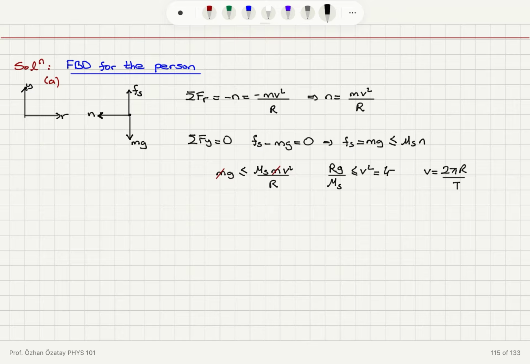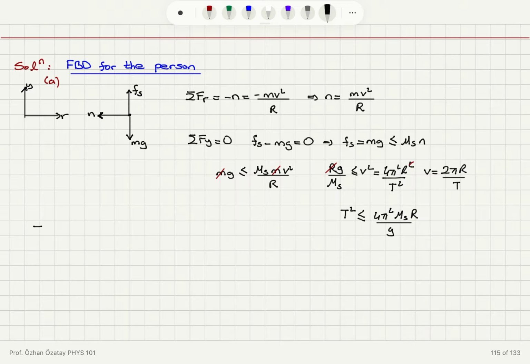So v squared is 4 pi squared r squared divided by T squared. You can see in this inequality that one of the r's will disappear. Taking T squared to the other side, T squared should be less or equal to 4 pi squared capital R times mu s divided by g.